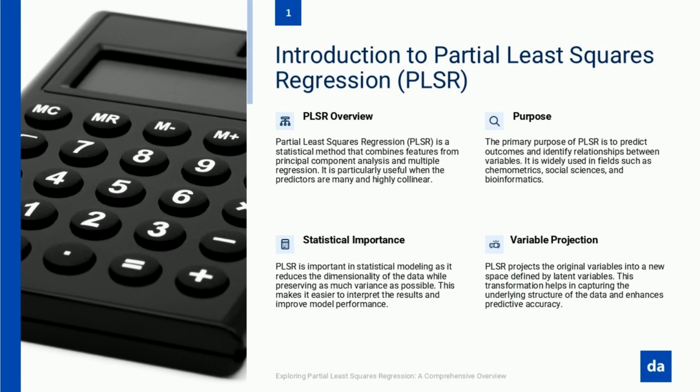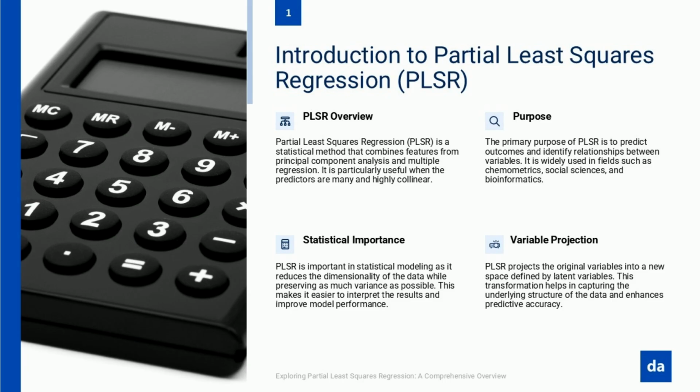Think of it as a statistical superhero stepping in to save you from data chaos. It's like principal component analysis and multiple regression had a really smart child who actually knows how to handle multicollinearity and high dimensional data.